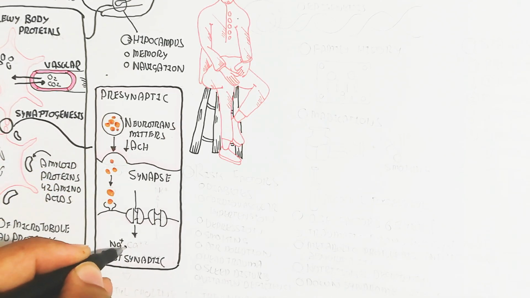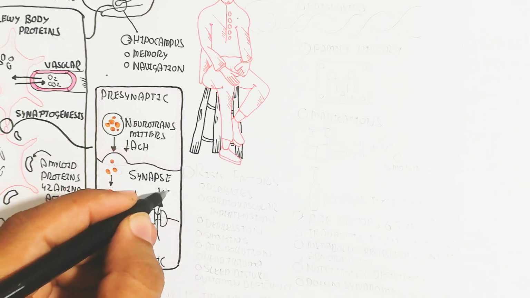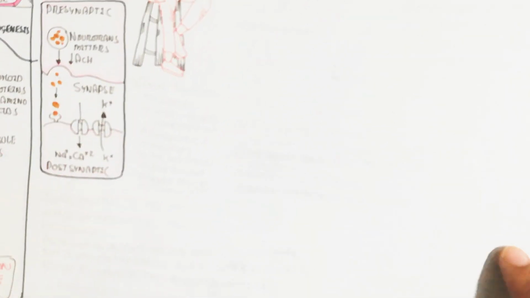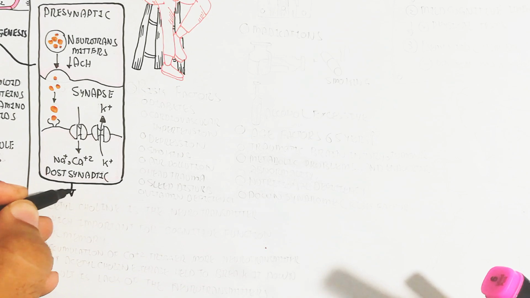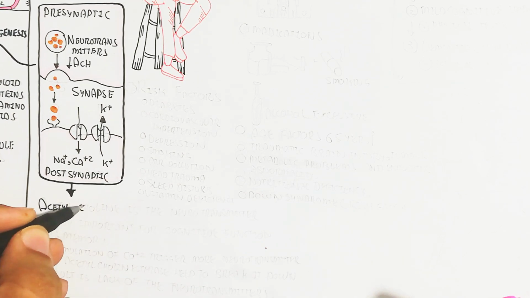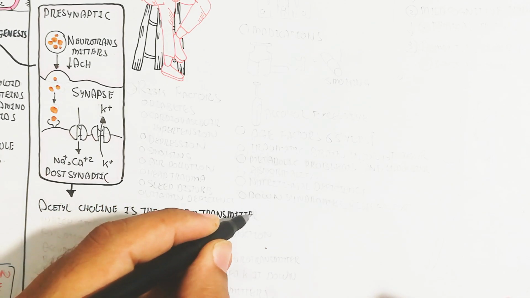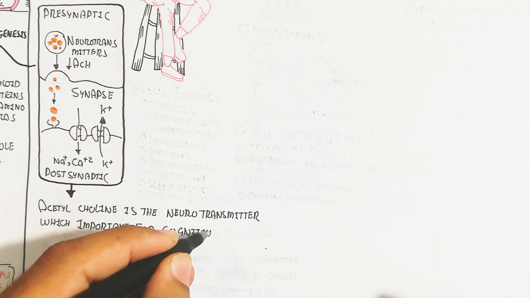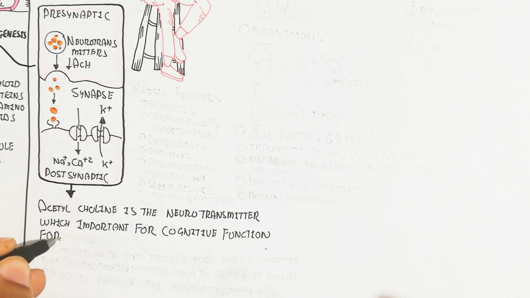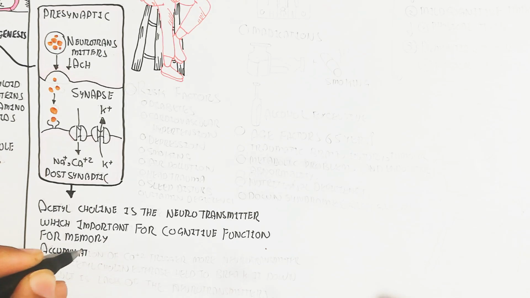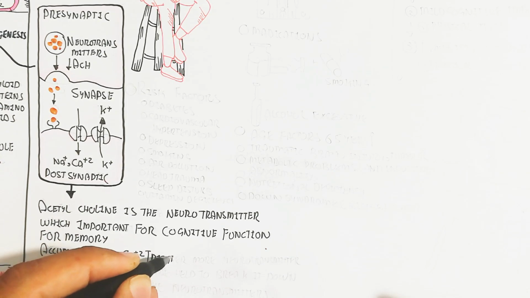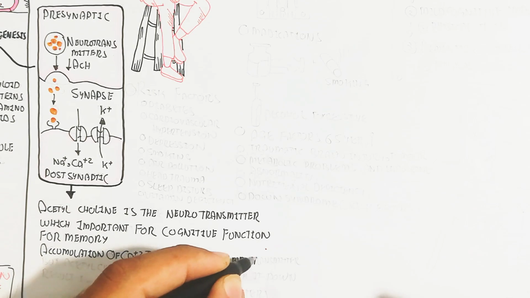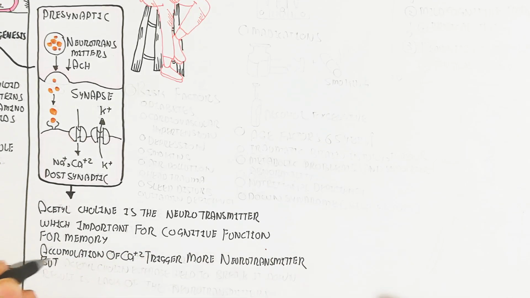The postsynaptic neuron will not depolarize properly, and in this way the synapse will have a problem. Remember, acetylcholine is the neurotransmitter important for cognitive function and memory, and it is important for the accumulation of calcium, which triggers more neurotransmitter release, but acetylcholinesterase helps to break it down. The result is a lack of neurotransmitter. So acetylcholinesterase inhibitors are used for dementia treatment.